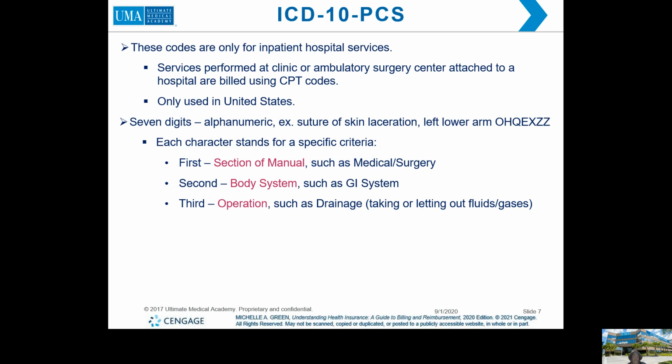The first character is the section of the manual you work in. The second is the body system. It is always the body system. The third is the operation. The fourth, the fifth, the sixth, and the seventh have very specific meanings, and it's even more specific than we have here. I didn't think it was necessary to go further into that.